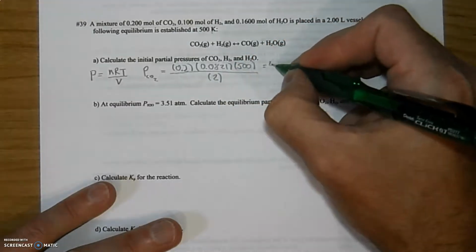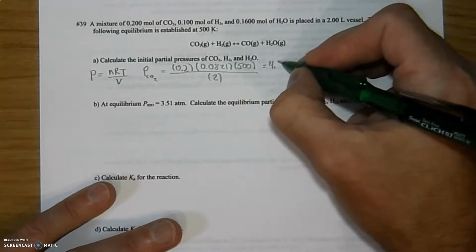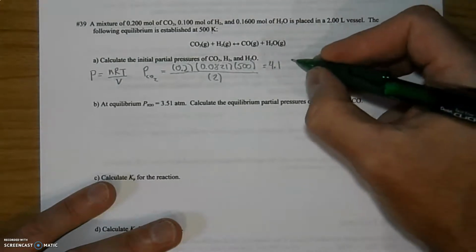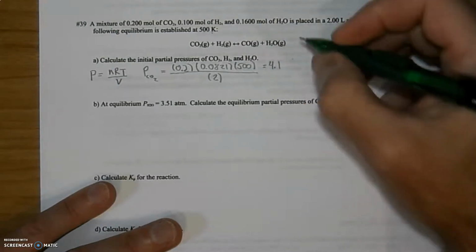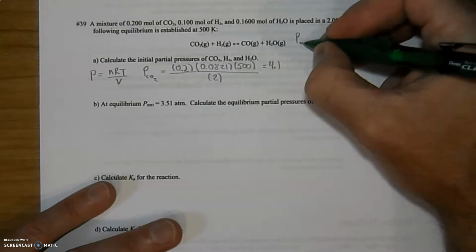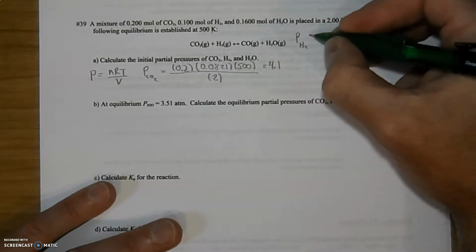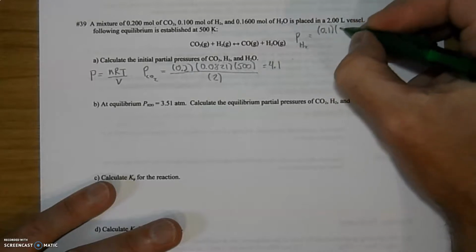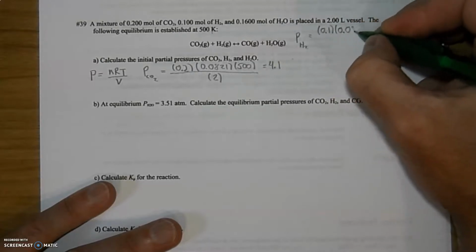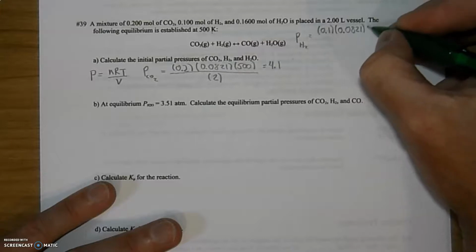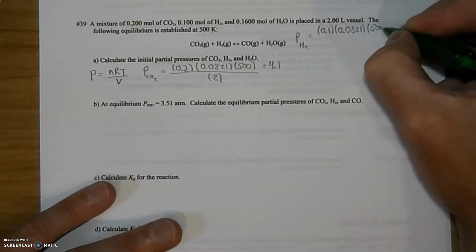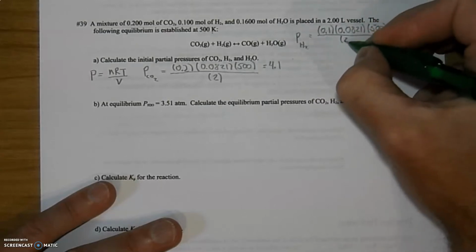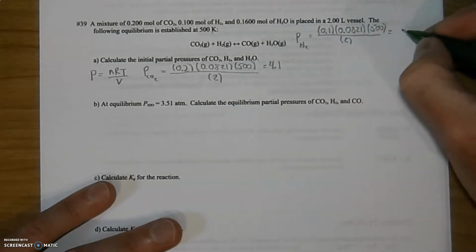The answer for that one is 4.1. These are atmospheres. They're all atmospheres. The pressure for the hydrogen, 0.1 times 0.0821 times 500, over 2 again, and that is 2.05.